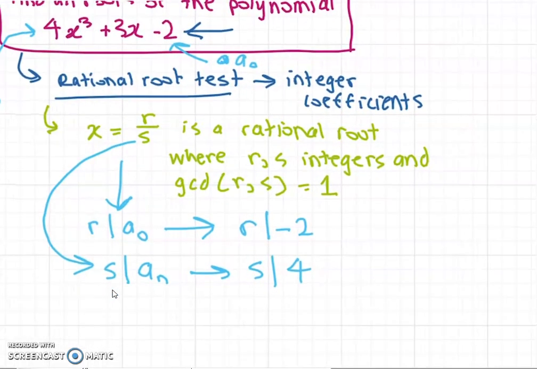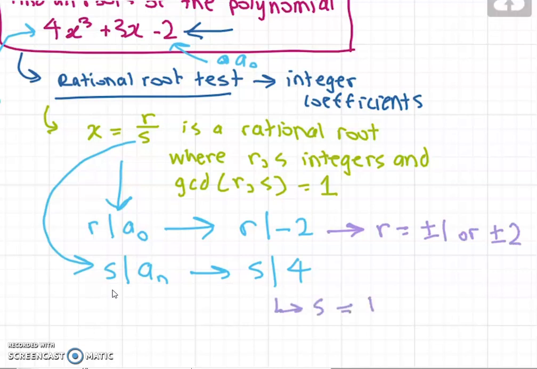So all the factors of negative 2, including negative numbers and positive numbers, so r could equal plus or minus 1 or plus or minus 2. And s is a factor of 4, so s can equal plus or minus 1, plus or minus 2, or plus or minus 4.